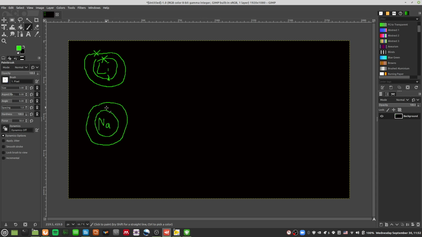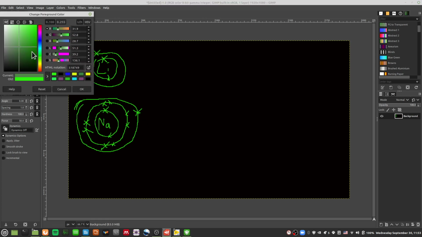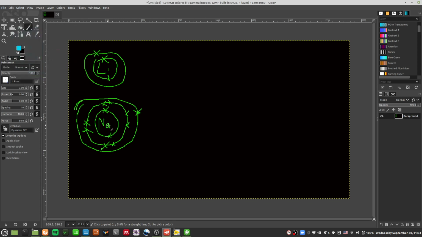Sodium will have 2 inside, 8 over here: 1, 2, 3, 4, 5, 6, 7, 8, and 1 outermost electron. So again the same rules apply, right?